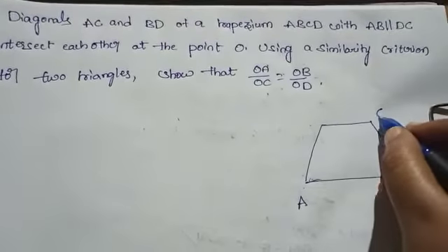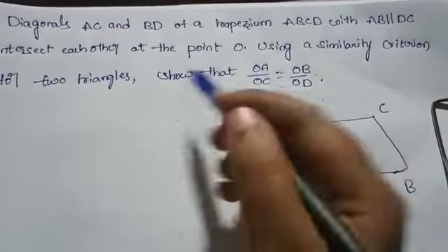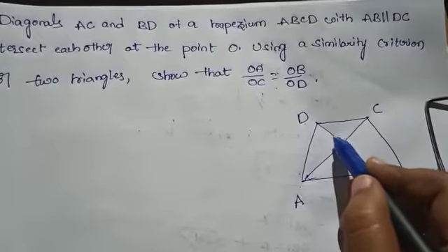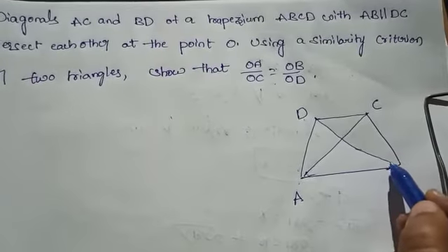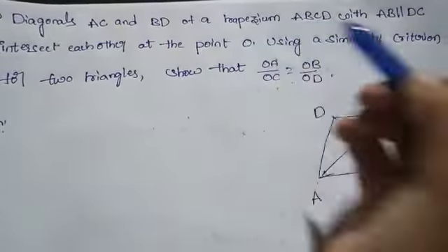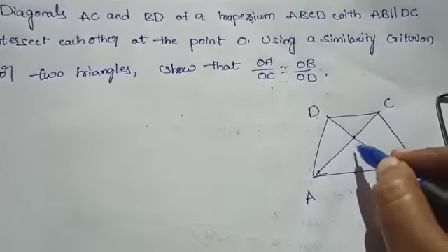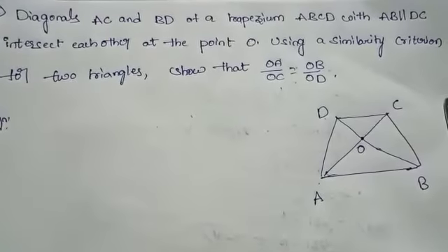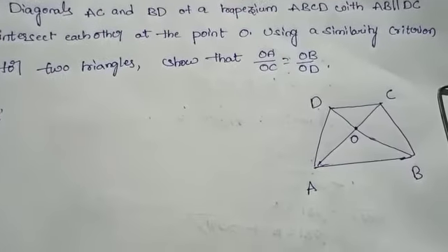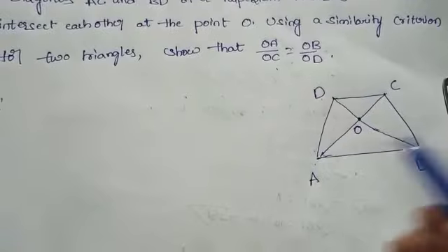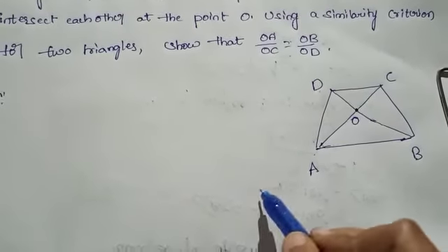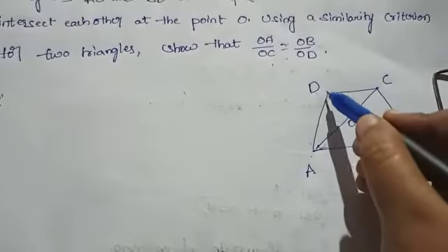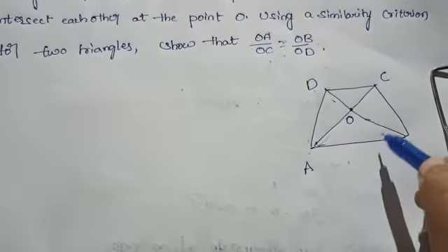Diagonals are AC and BD, intersecting each other at the point O. The point of intersection is O. See here, these are two lines intersecting.